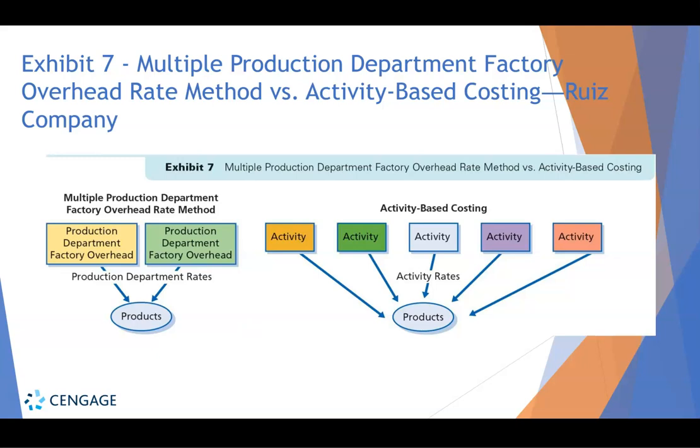So assume that the following activities have been identified for producing snowmobiles and riding mowers. Fabrication, which consists of cutting metal to shape the product, which is very machine intensive. Assembly, which consists of manually assembling machine pieces into a final product, which is labor intensive. Setup, which consists of changing tooling and machines in preparation for making a new product.